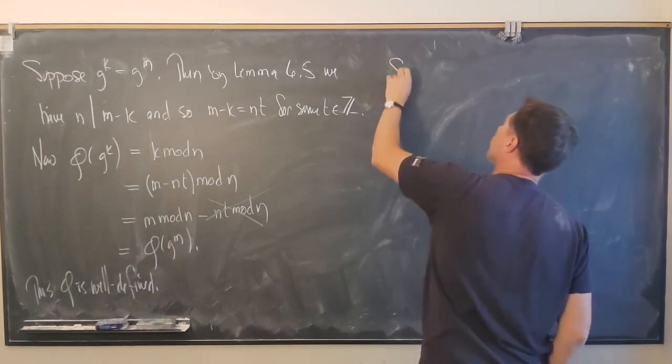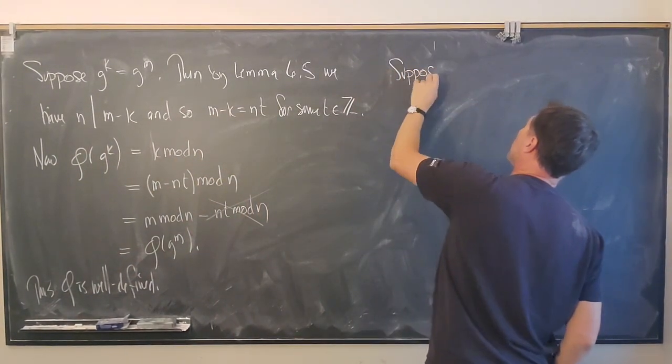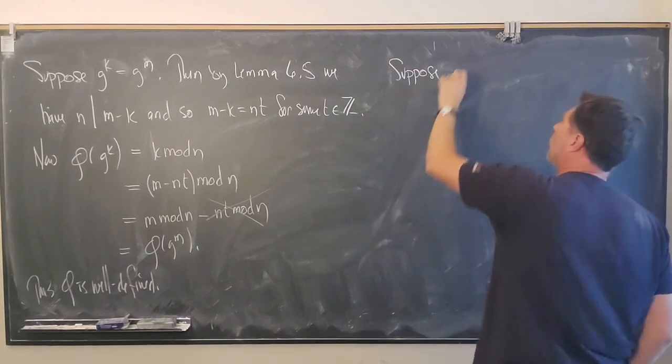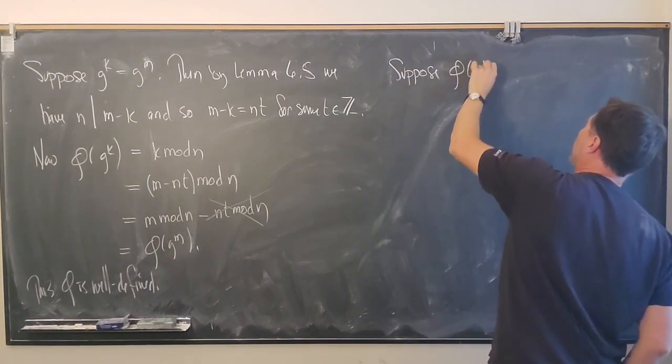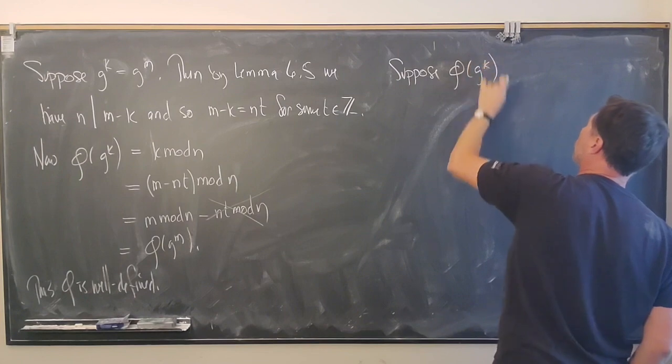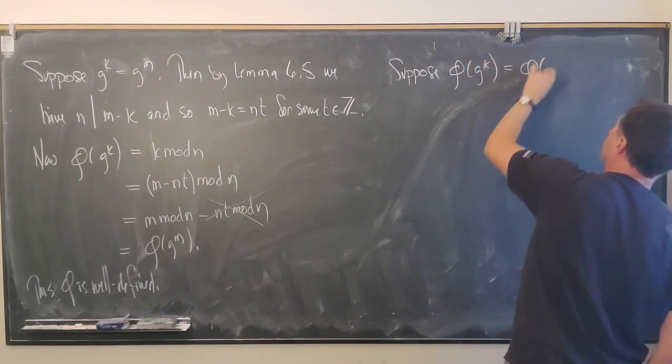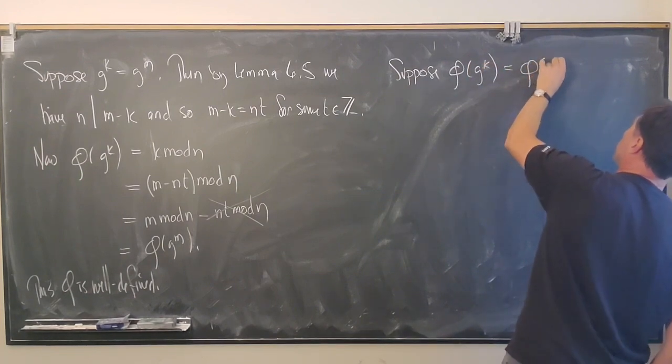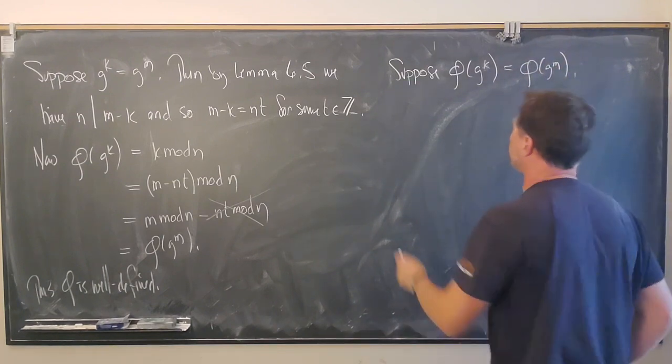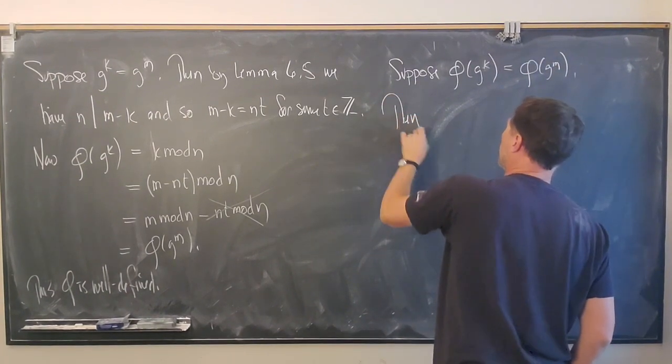Now we need to show it's 1-to-1. So suppose that phi of g to the k is equal to phi of g to the m. Then what does that mean?